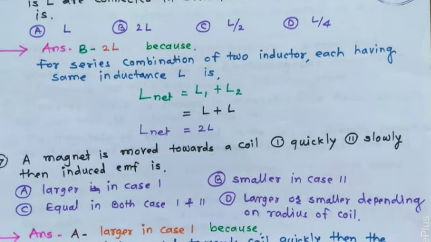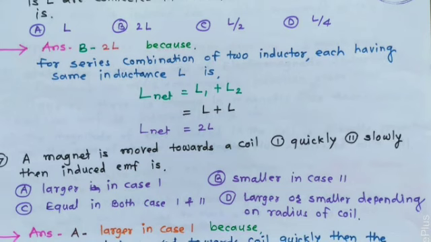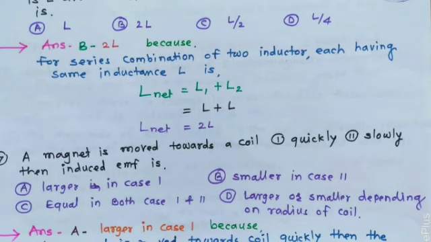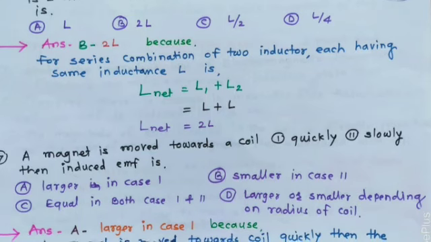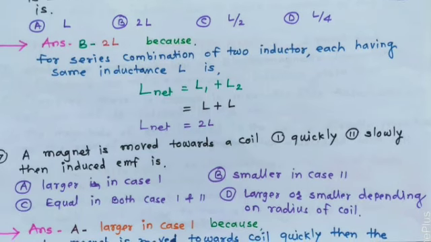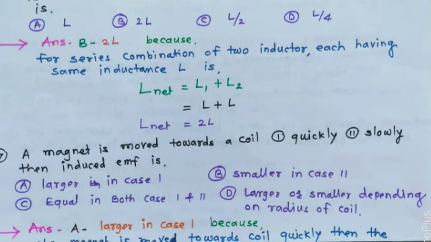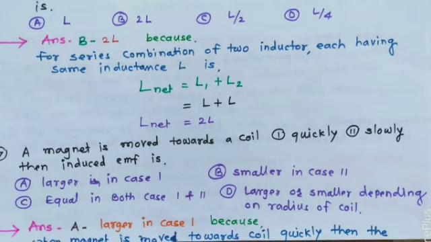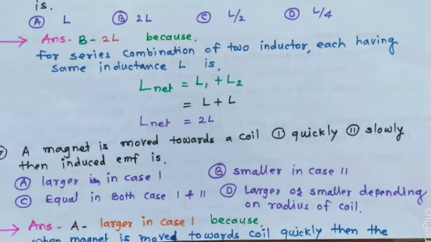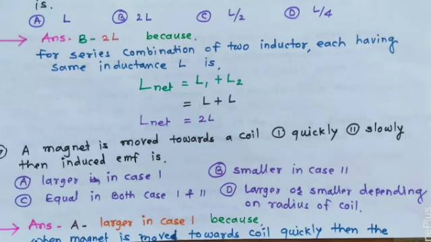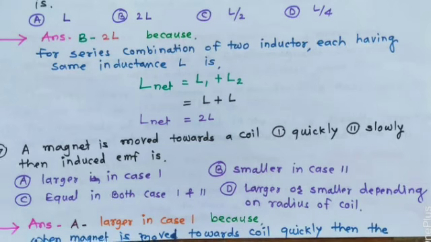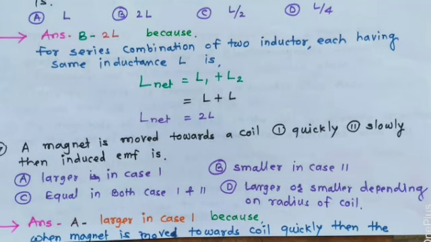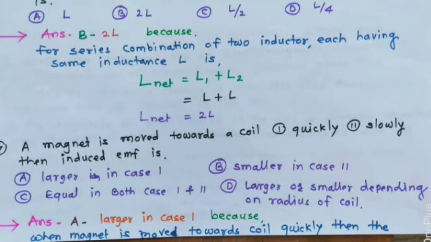Question number 7. A magnet is moved towards a coil, number 1 quickly, number 2 slowly. Then the induced EMF is: option A, larger in case of 1; option B, smaller in case of 2; option C, equal in both case 1 and 2; and option D, larger or smaller depending on radius of coil.